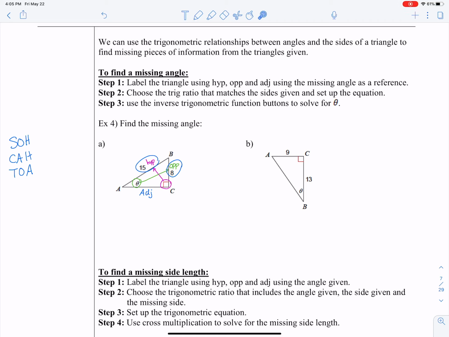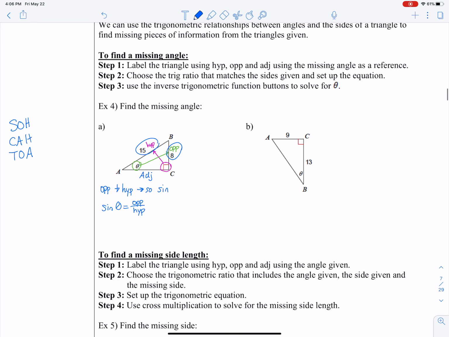So opposite and hypotenuse is this first one, so that's going to be sine. So now we're going to write out what the sine ratio is. Sine of an angle is equal to opposite over hypotenuse. That's our formula, so we're going to write down our formula.